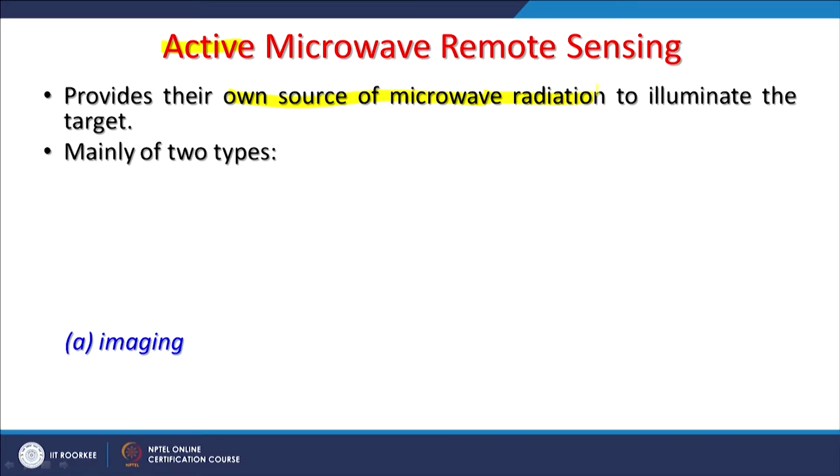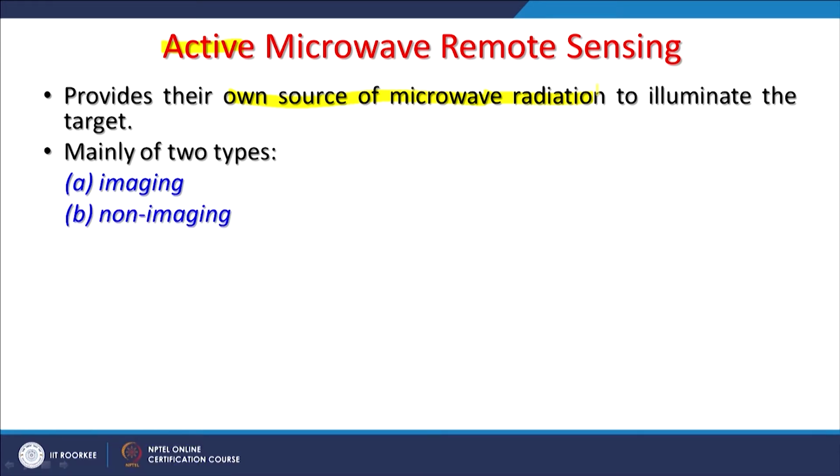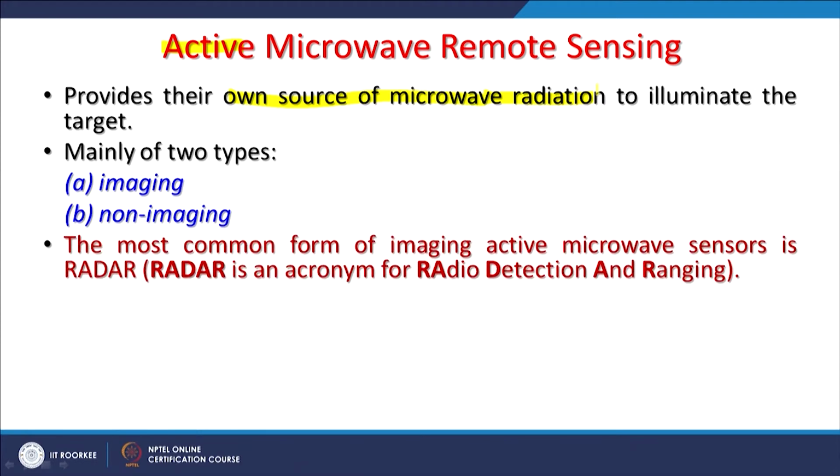There are mainly two types: one is imaging and another one is non-imaging. The most common form of imaging active microwave sensor is radar, that is radio detection and ranging.